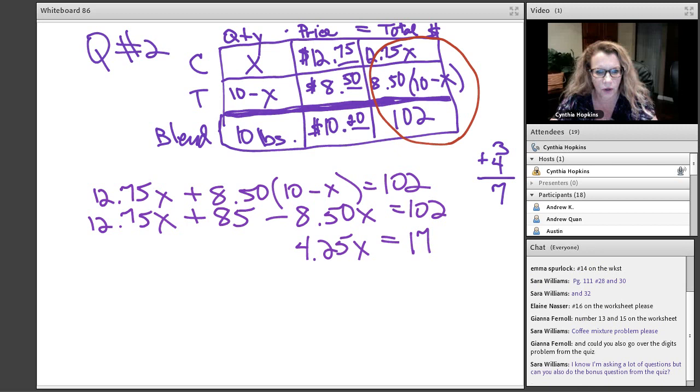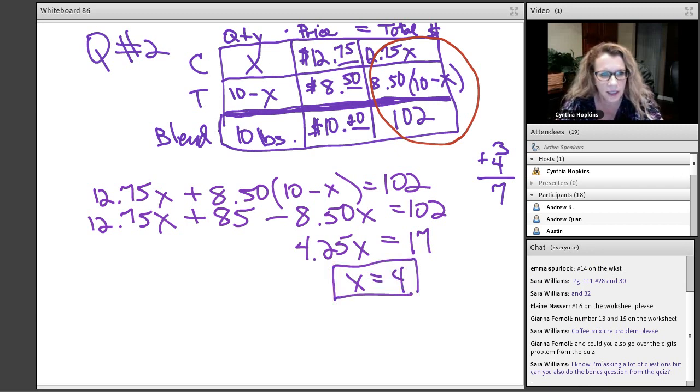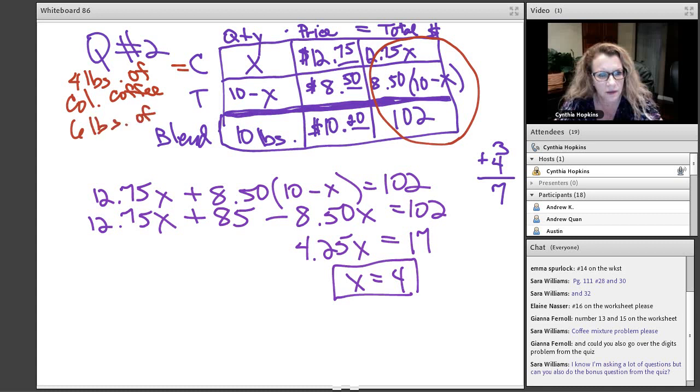Right now I don't even remember what x stood for, so that's where your chart comes in handy again. 4 was the quantity of Colombian coffee, so I'm going to say 4 pounds of Colombian coffee. Then I plug my 4 into the 10 minus x, and I get 6 pounds of Tanzanian coffee. And those are my two answers.